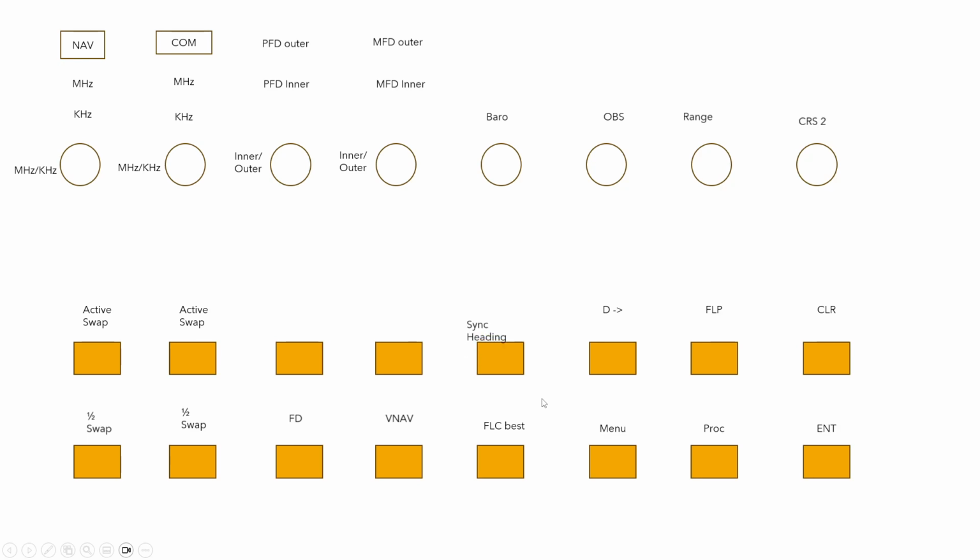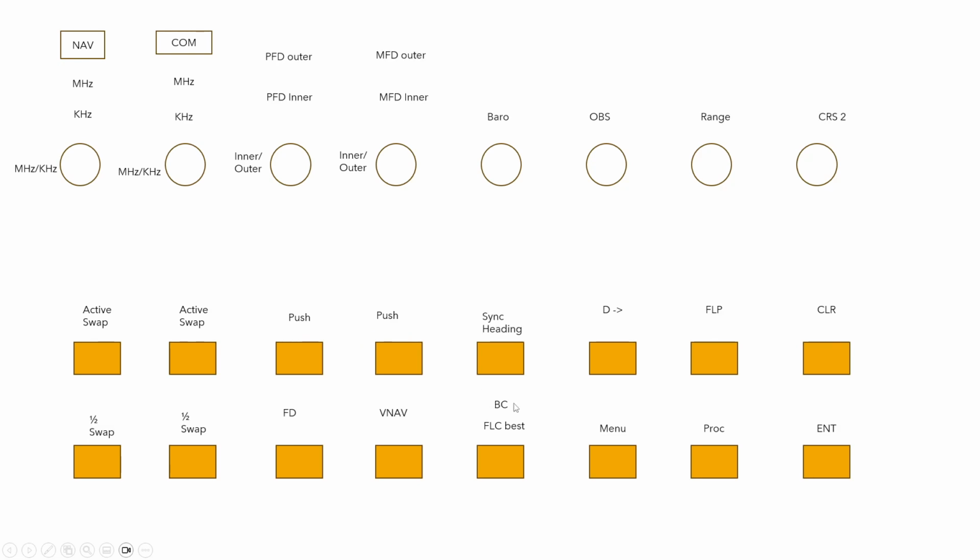And then you've got these two kind of cheats, shortcuts I was talking about. So I can put those over here, which means that I can now have the inner outer swap on those buttons here and the push switch effect on there like that. So that's what I'm going to aim for. In fact, if I do need to put the back course in, I'll put that there and I'll lose that one there.